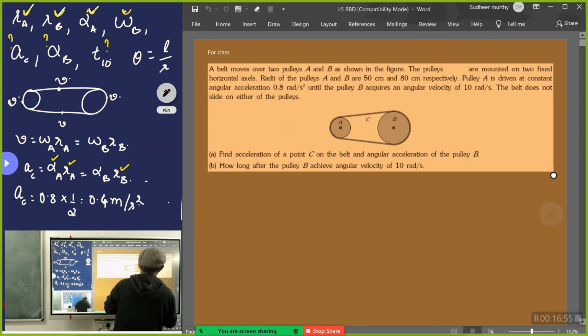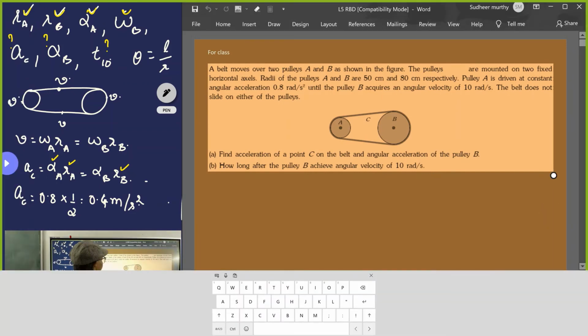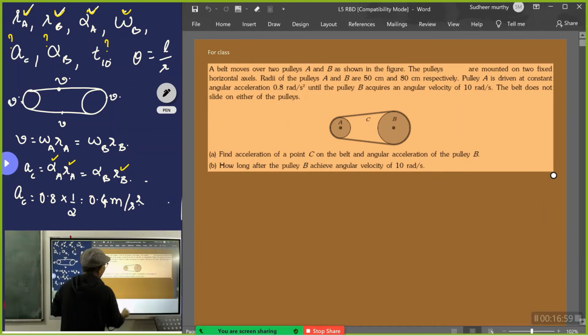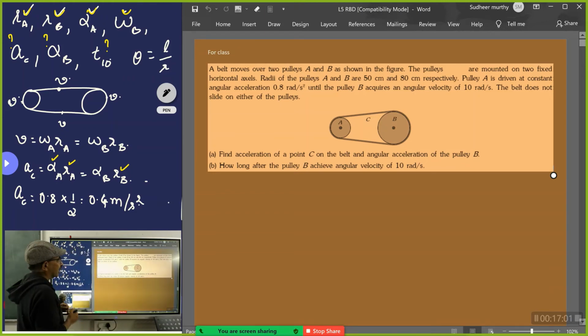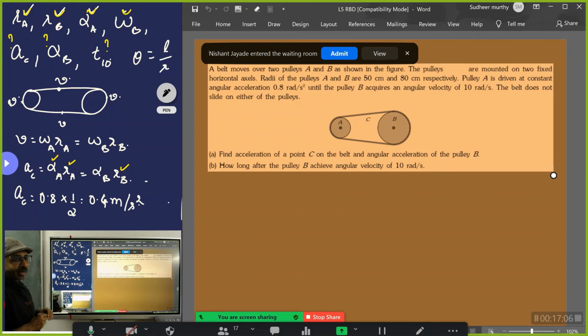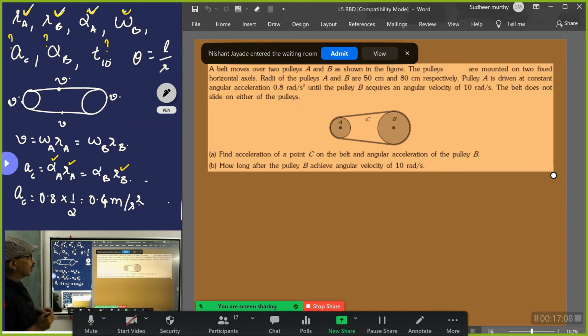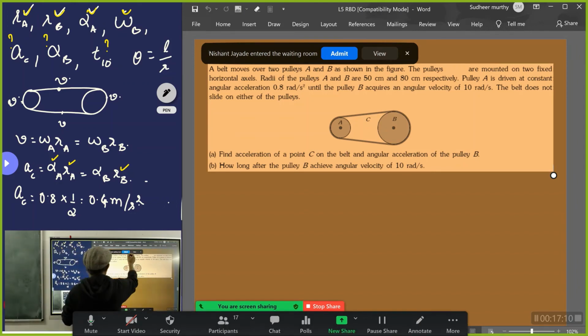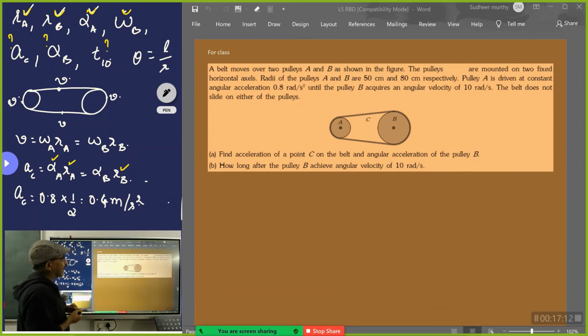What is the target? It is an angular velocity of 10 radians per second, isn't it? So omega is equal to omega naught plus alpha t. Here omega naught you will take as 0.